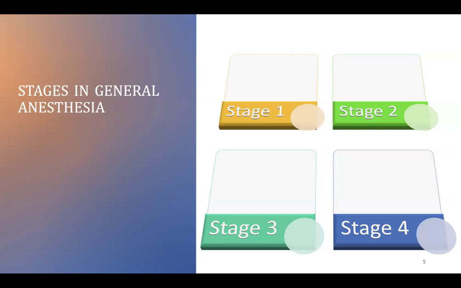We call it the medullary depression stage, where the high concentration of the general anesthetic begins to depress the cardiovascular and respiratory centers in the medulla oblongata. And if you are not careful, the patient could go into coma. So these are the stages. And as I said, you want to be at stage 3 whilst doing the surgery.